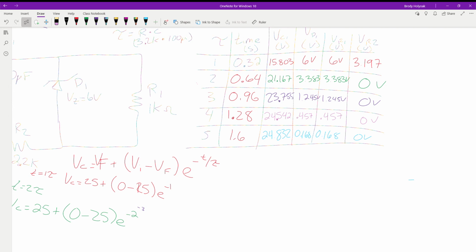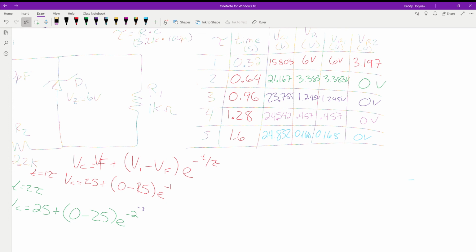We'd have to zoom in quite a bit based on the time, but we would see the capacitor curve charging up. We would see this diode and the resistor come up and then drop off. And again, we'd see R2 come up and then just drop off to nothing. So this is exactly what we would see on the scope, and that's what we'd be looking for.